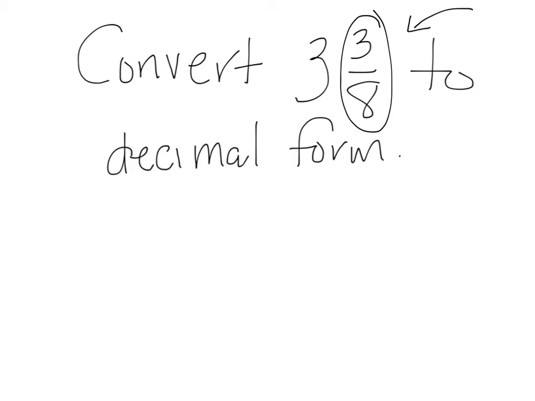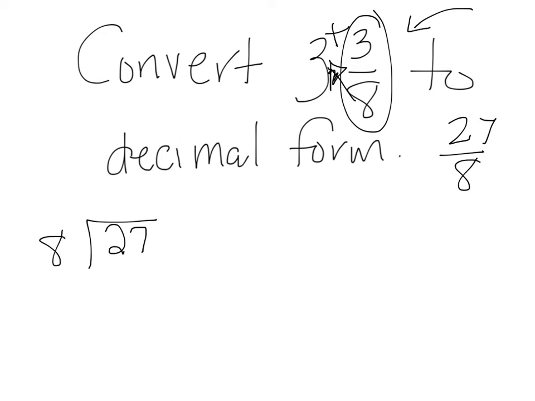So to do an improper fraction, we have to go 8 times 3 is 24, plus 3 is 27. So this is really 27/8. And so we're going to put the 27, remember it's not necessarily the smaller number, it's the top number, the numerator that goes underneath the division sign. Let's put the 8 there.